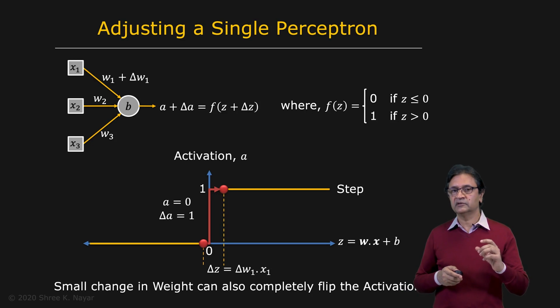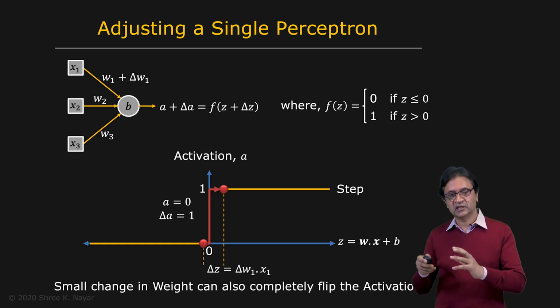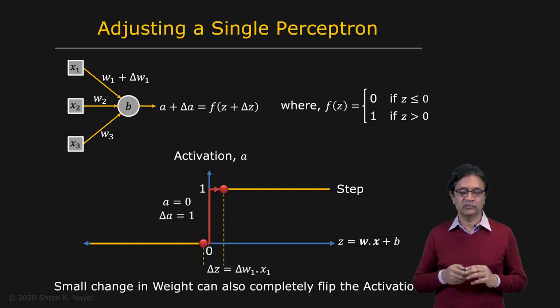It's very difficult to figure out how to adjust the weights and the bias in order to get to the desired activation or the output because of the lack of change or the sudden change in the output with a small change in the parameters. And this is even more the case when you have a network of perceptrons.